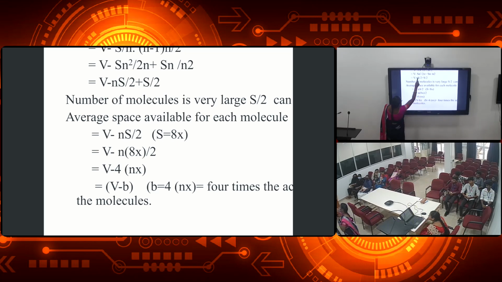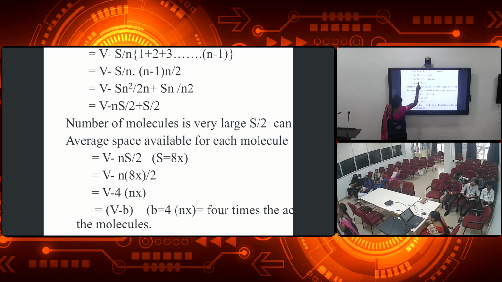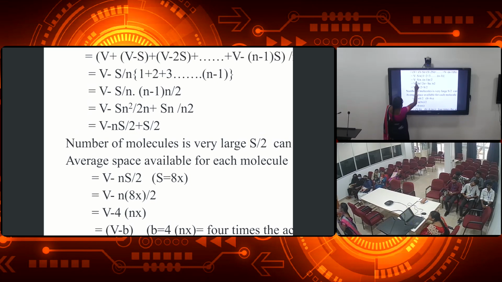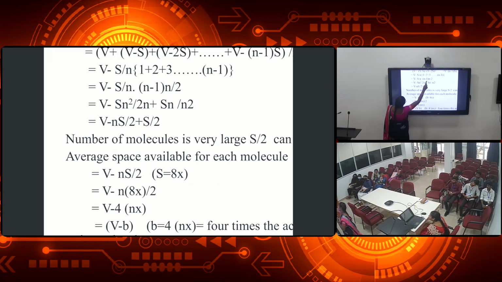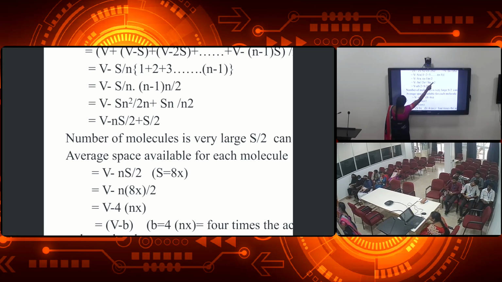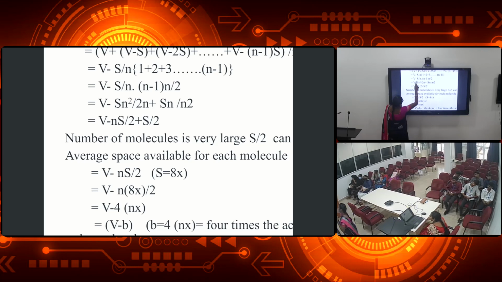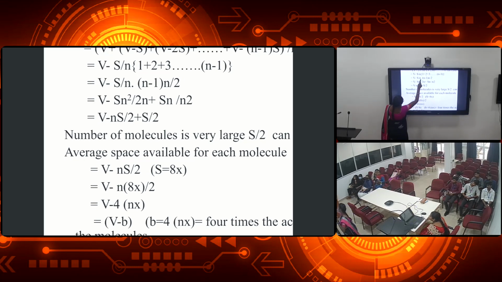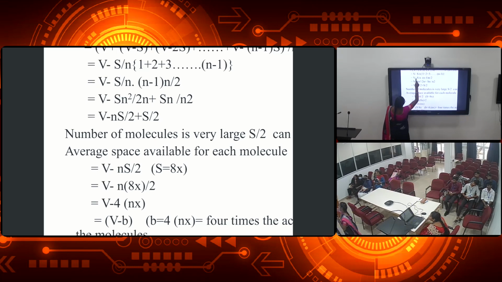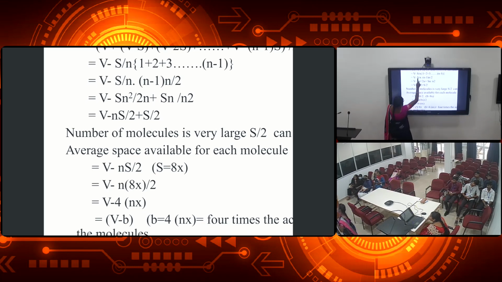Then we have V minus s by n into n into n minus 1 by 2. Multiplying, we get V minus s n square by 2n plus s n by 2n.